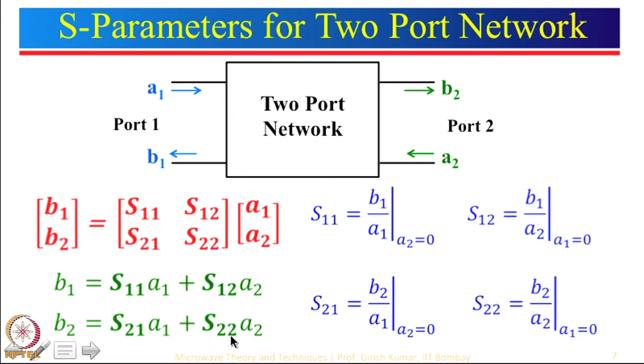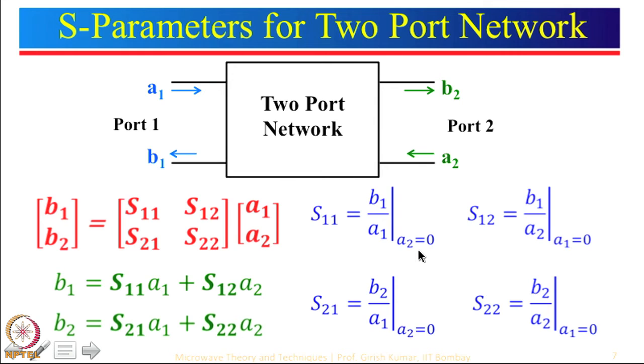So now from here, just as we did in terms of ABCD parameter, we will do exactly the similar thing. So let us say from here, how we can find the value of S11? So we can find S11 by making, let us say, A2 equal to 0. So if A2 is equal to 0, then S11 will be given by B1 divided by A1. So you can see that S11 is nothing but B1 divided by A1, provided A2 is equal to 0.